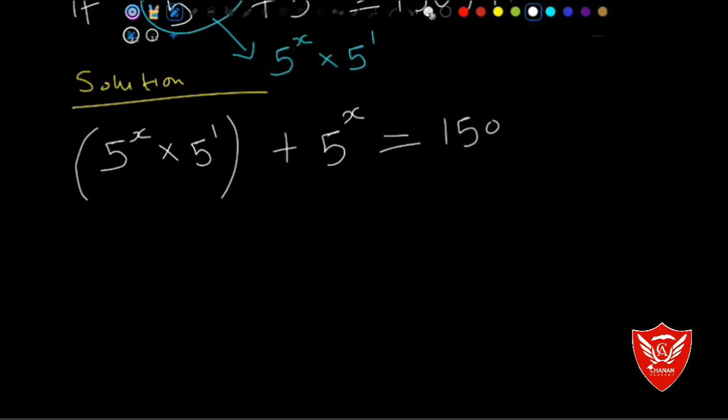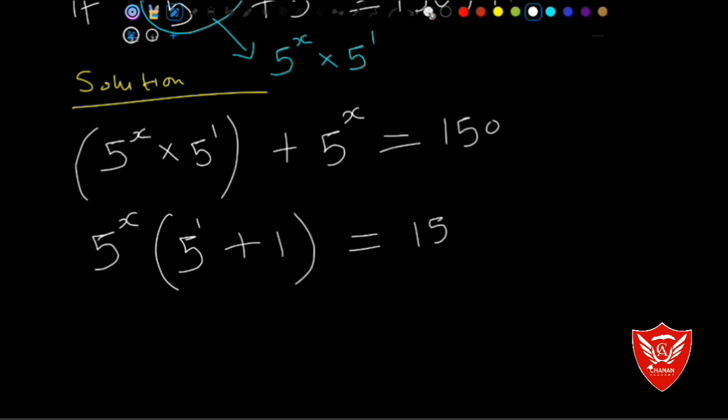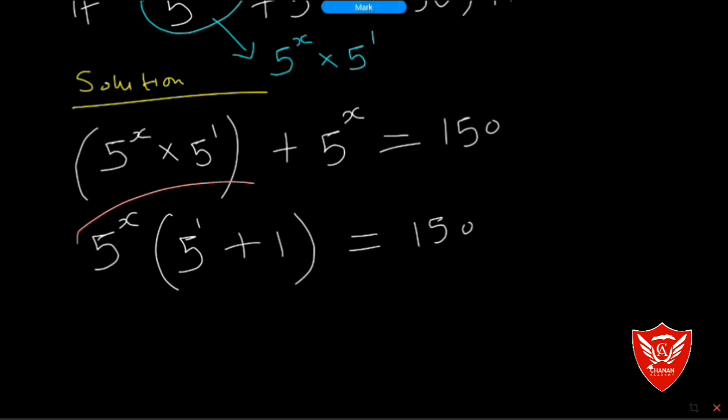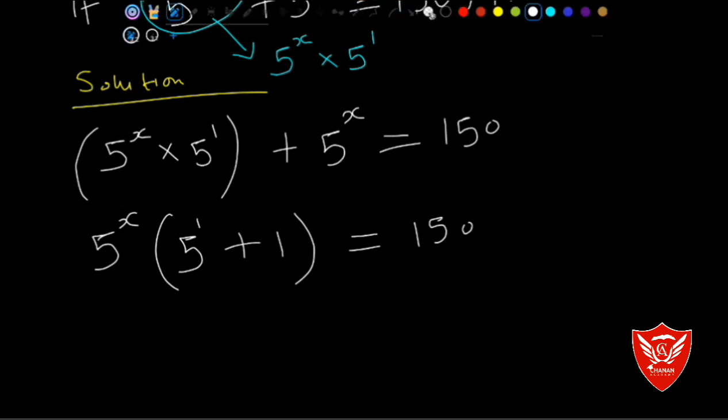Now look at the left hand side. We can factor out 5^x. If we factor out 5^x, we are going to have 5^x open bracket 5^1, which is the same thing as 5, plus 1, bracket close, equal to 150. Take note, if you open this bracket, you are going to have the same thing as this. So this is then equal to 5^x (6) = 150.